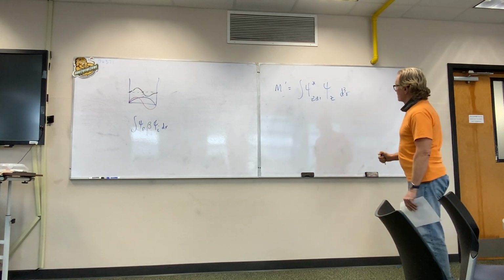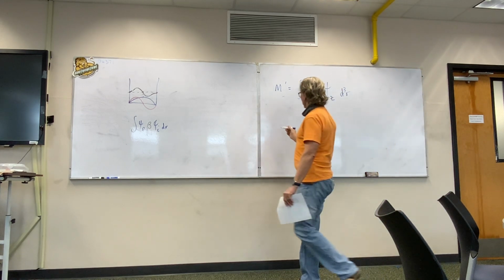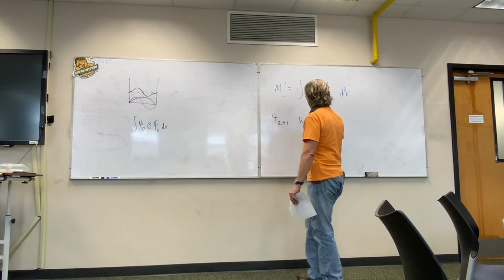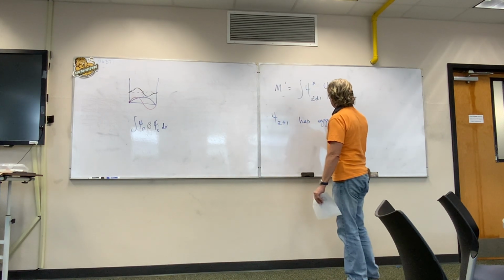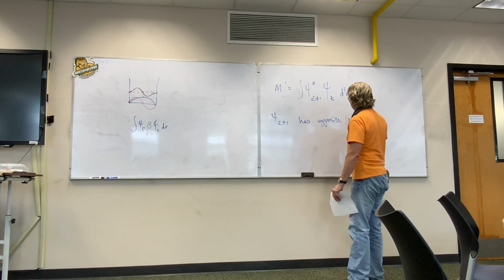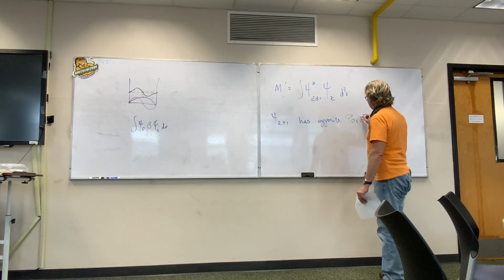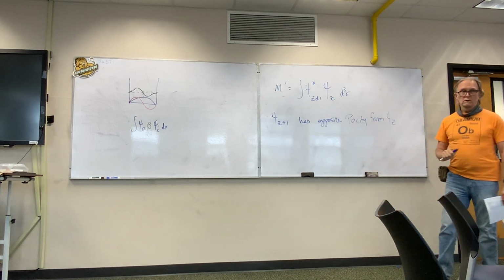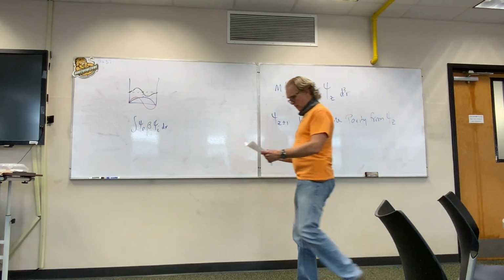Well, let's imagine hypothetically, and just for the sake of argument, that psi of Z plus or minus 1 has opposite parity from psi of Z. Who remembers what parity is?